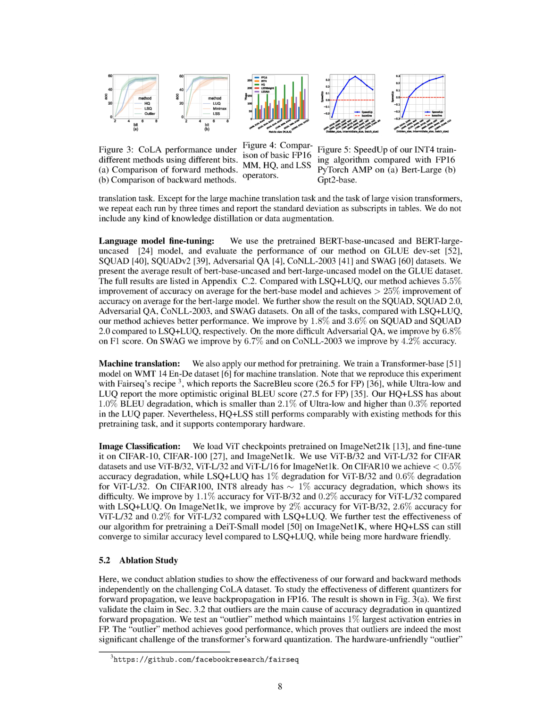For instance, for CIFAR100, INT8, which is known for its complexity, already has around a 1% drop in accuracy. However, our method improved the accuracy by 1.1% for ViT B32 and 0.2% for ViT L32 compared to LSQ plus LUQ. For ImageNet-1K, we observed an accuracy increase of 2% for ViT B32, 2.6% for ViT L32, and 0.2% for ViT L32 compared to LSQ plus LUQ.